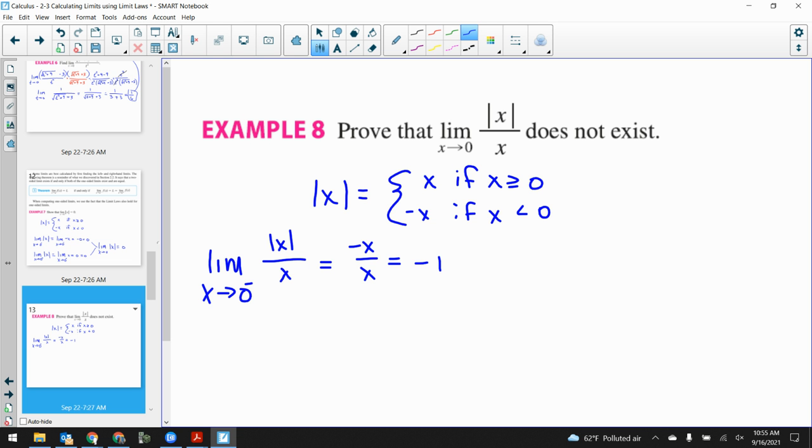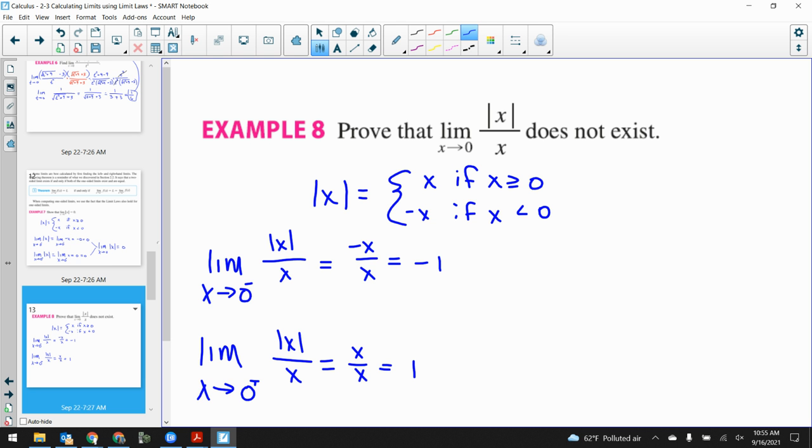Well, let's calculate it going from the right then. The limit as x goes to 0 from the positive. That would be the absolute value of x over x.